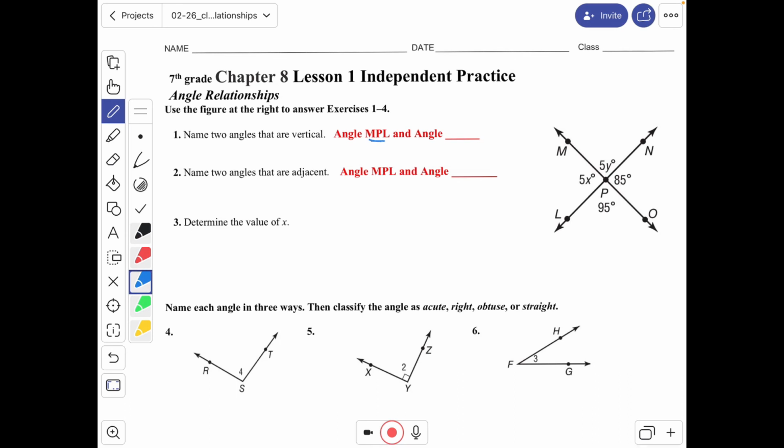Angle MPL, that's this one right here. What angle would be vertical to it? That means opposite it. That would have to be this one. So how do we name that? That would be angle NPO.